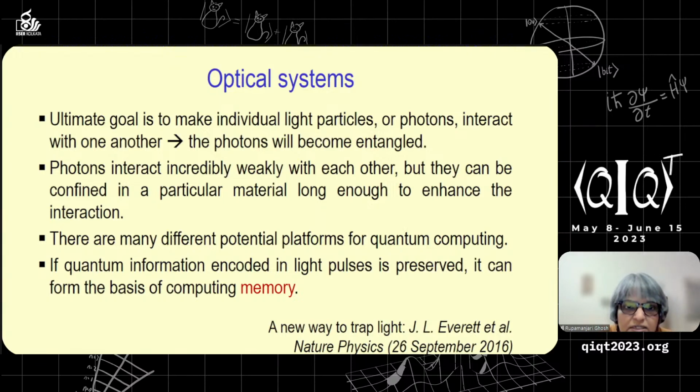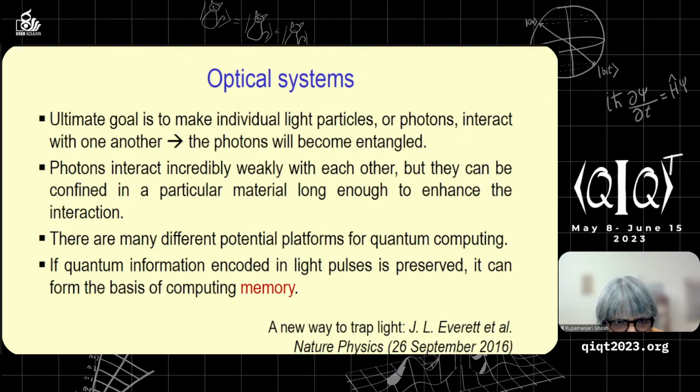So the ultimate goal is to make individual light particles, or photons, interact with one another so that photons become entangled. As I have already mentioned, Maxwell equations are also linear. Photon plus photon interaction never happens. But if you confine photons in a particular material long enough to enhance the interaction, then you see these strange behaviors and exciting outputs, like what we did for spontaneous parametric down conversion.